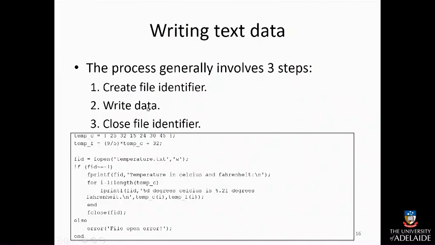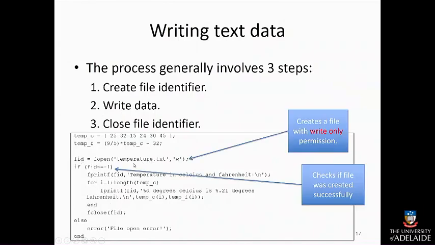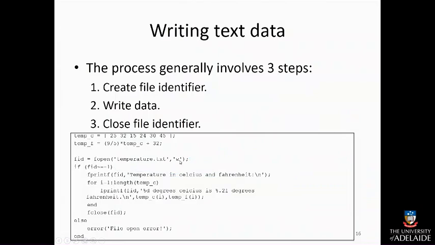So what we are doing over here is that FID is your file identifier. And does anyone remember what this W was for? For write. When you want to write to a file, you are going to open the file in the write mode.